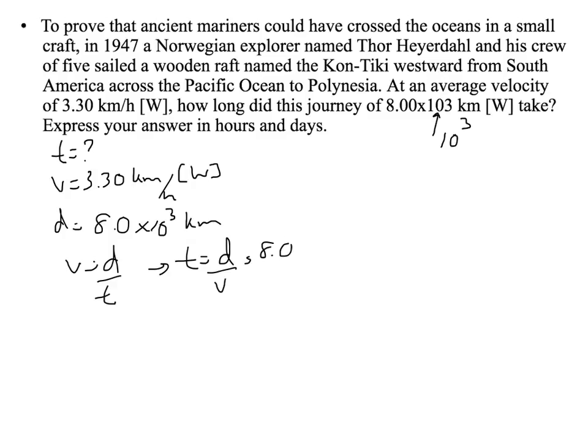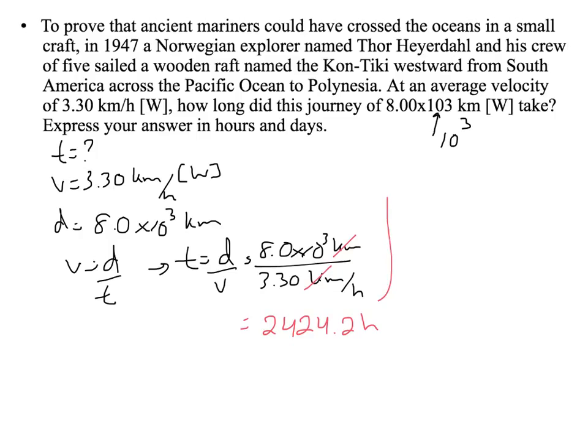We get 8.0 times 10 to the 3 kilometers divided by 3.30 kilometers per hour. Kilometers cross out. You're left with 8 times 10 to the 3 divided by 3.3, which is equal to 2424.2 hours. Okay, so that's the first part of the question.